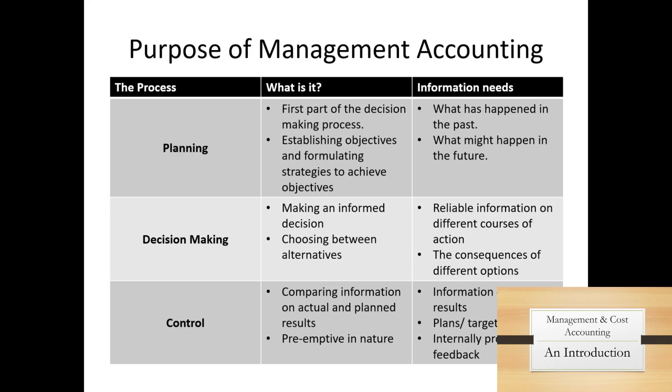So decision making. Okay, and the third one is control. You make a decision to manufacture, let's say, 1 million units this year. You don't just sit down and expect that we will meet our targets. 1 million units in a year means so many in a month.